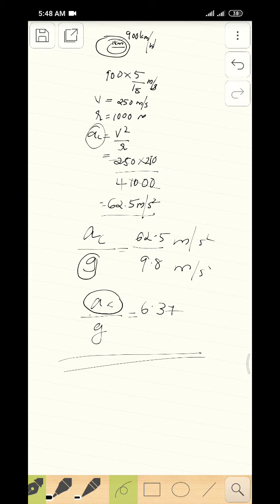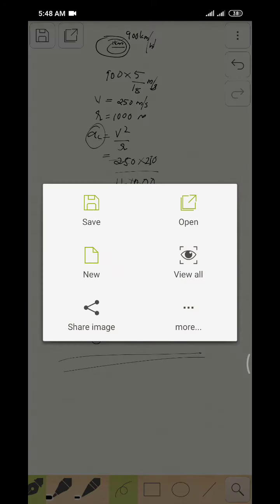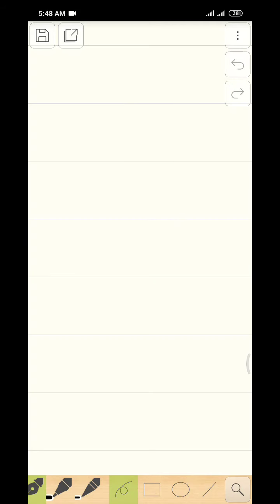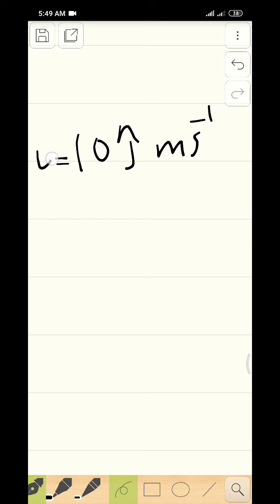Now the 21st question, question number 21. I'll just give you some hints regarding that question and you have to find out the final answer. So the question is that a particle starts from the origin at t equal to 0 with a velocity of 10 j cap meter second raised to minus 1.